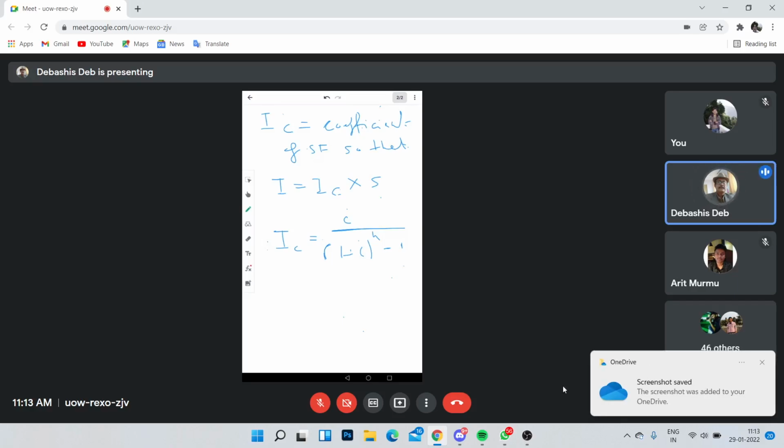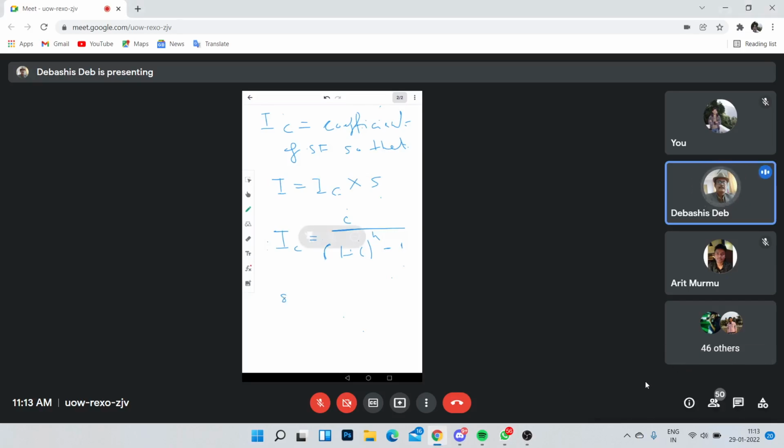Decimal means if I say 8%, then it will be 8 by 100, 0.08 in decimal. n is the number of years for which I want to accumulate my fund, annual sinking fund. Okay, that is the life of the asset. And everything has been defined. S is the requirement of sinking fund.